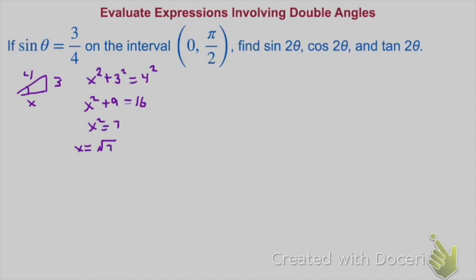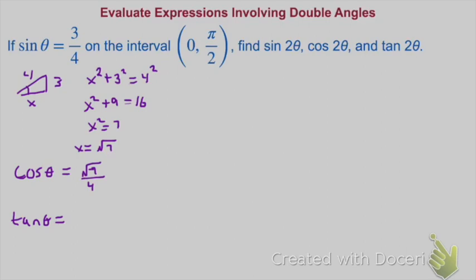We can now use this to find our cosine and tangent. So cosine of theta is just the square root of 7 over the hypotenuse of 4. The tangent of theta is sine over cosine.